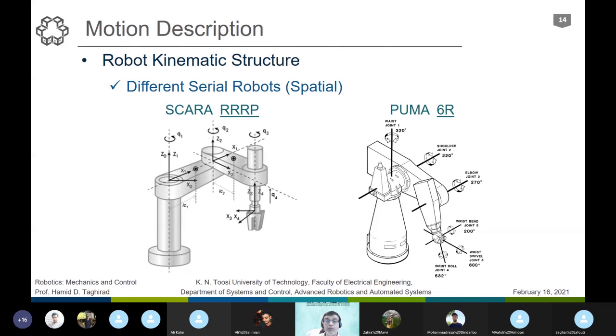Of course, if we don't need all 6 degrees of freedom, we can reduce our design to 3, 4, or 5 degrees of freedom for a specific application. But these are general designs that can be used in many structures.